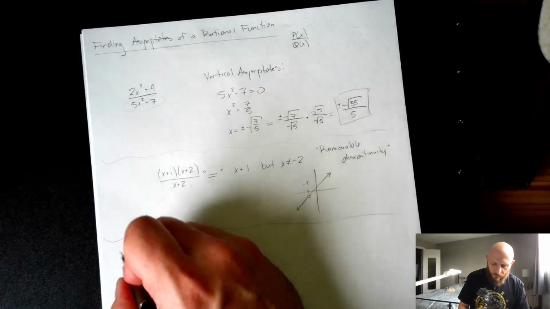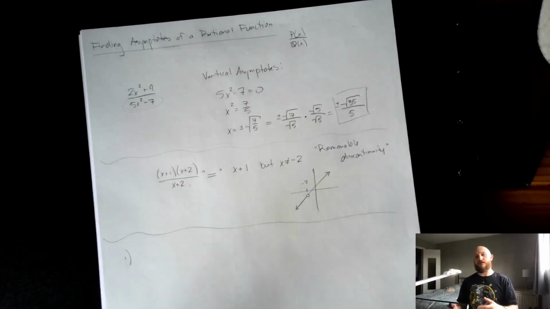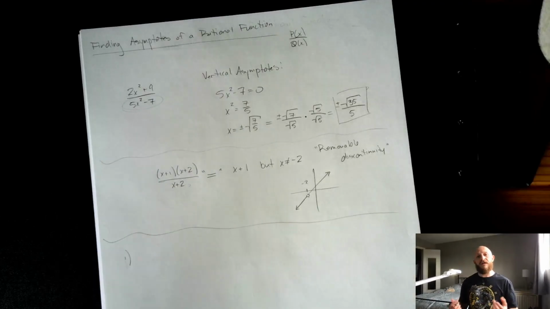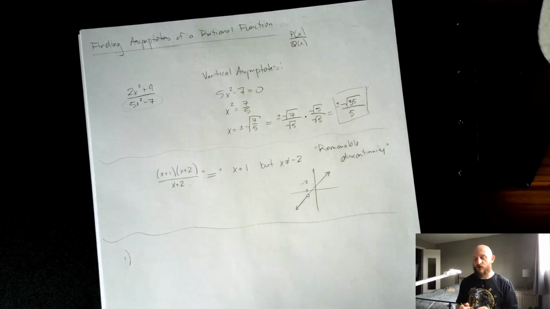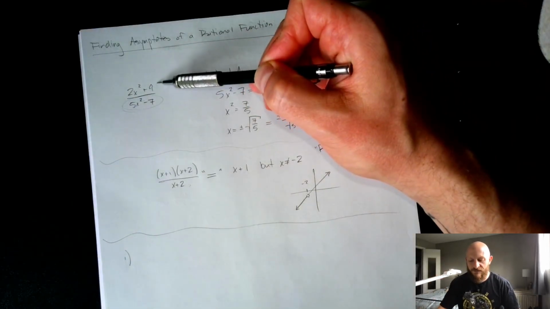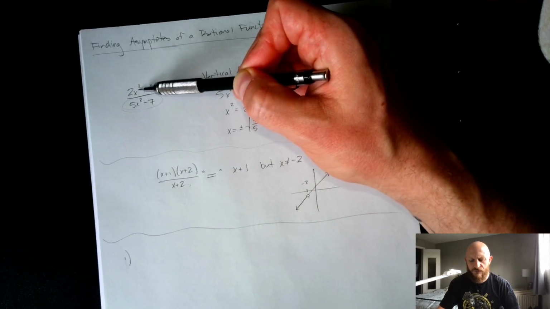But we can also break it down into some cases or rules, depending on the degree of the numerator and the denominator. The degree, if you remember, of a polynomial is the highest exponent that is attached to an x term. So with this example right here, the degree of the numerator is 2.